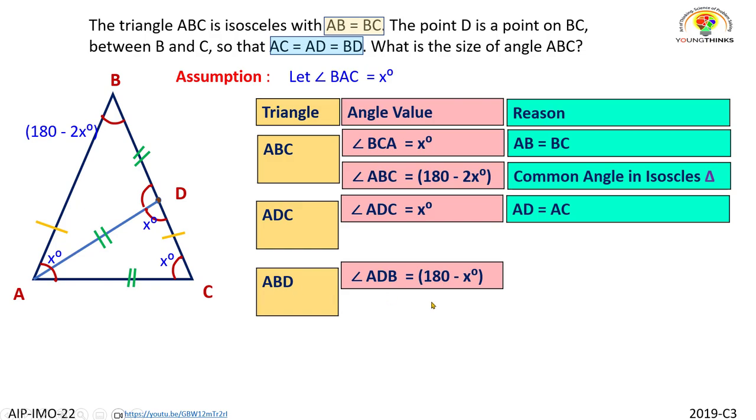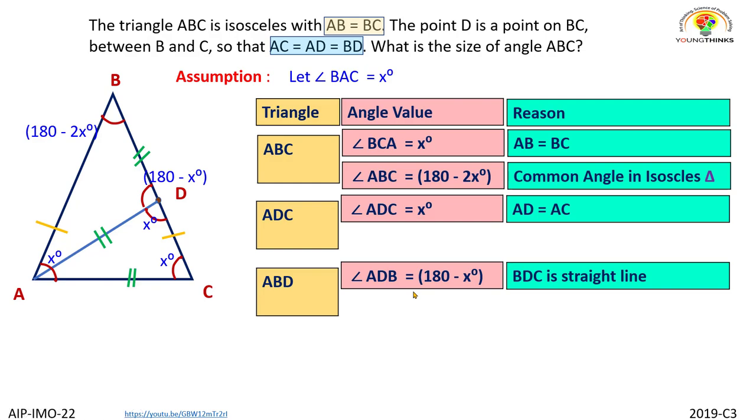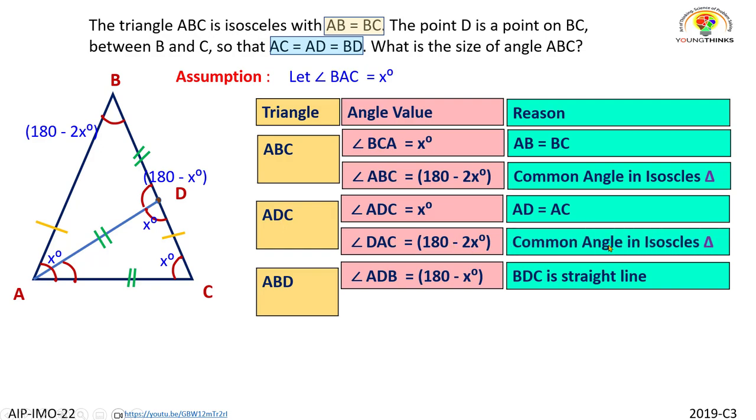Now, how do you find this angle? It's an isosceles triangle, so from 180, if I subtract x and x, this angle is going to be 180 minus 2x. Angle ADC is 180 minus 2x.